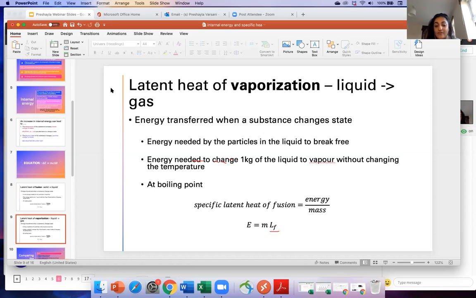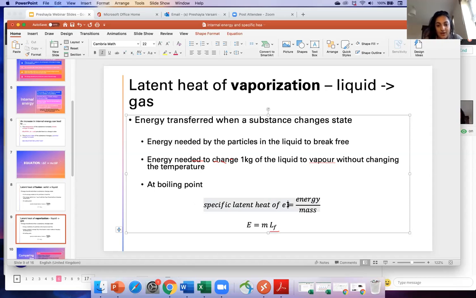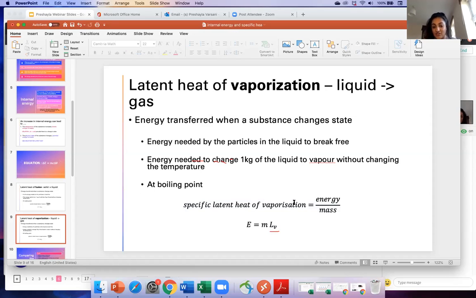We have a very, very similar equation, but this time it's vaporization, sorry. Okay, so very, very similar equation. And you can see all I've done is changed fusion to vaporization and the F to a V.